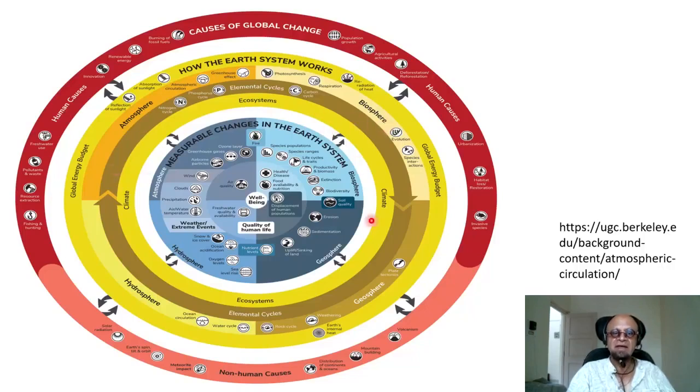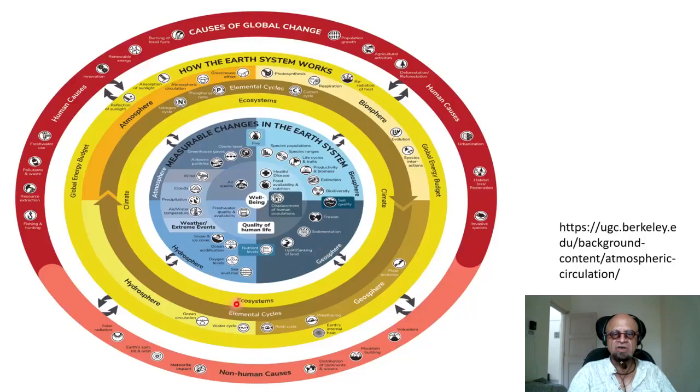So within that, I'm kind of jumping around, but you can see in the inner circle you have measurable changes in the Earth system in terms of the biosphere, geosphere, hydrosphere and atmosphere. When you say changes measurable in the geosphere, we're talking about cutting down mountains and building roads and tunnels and so on and so forth.